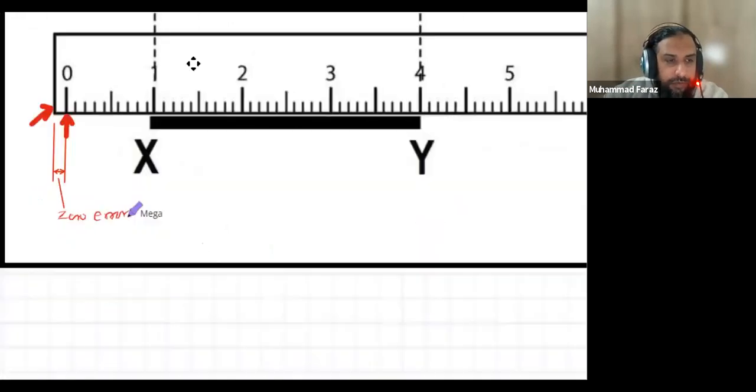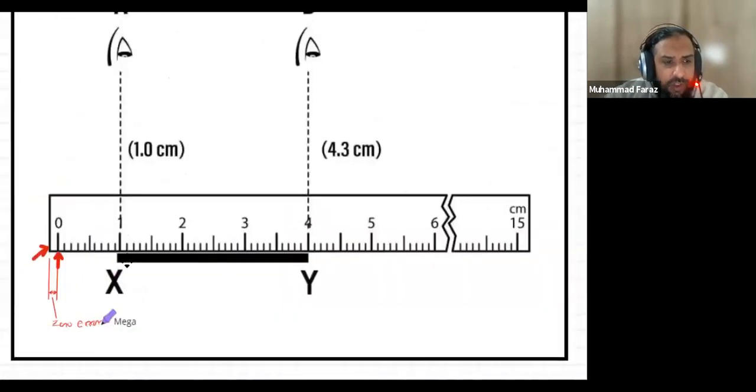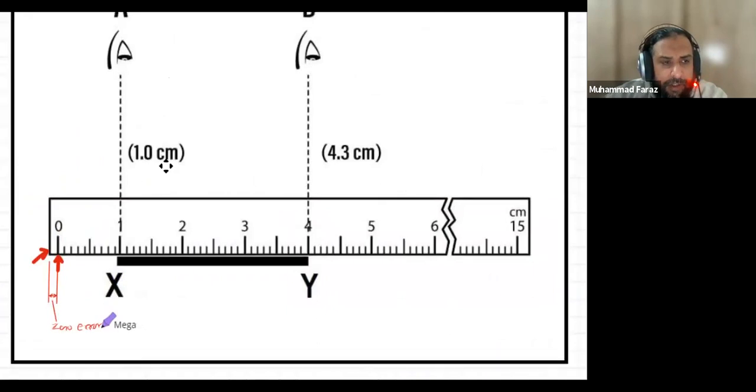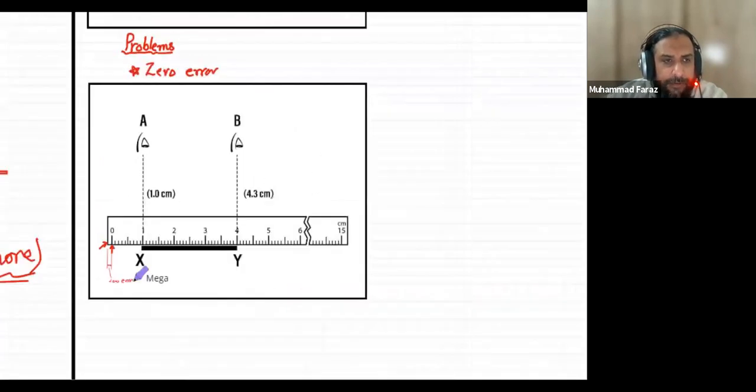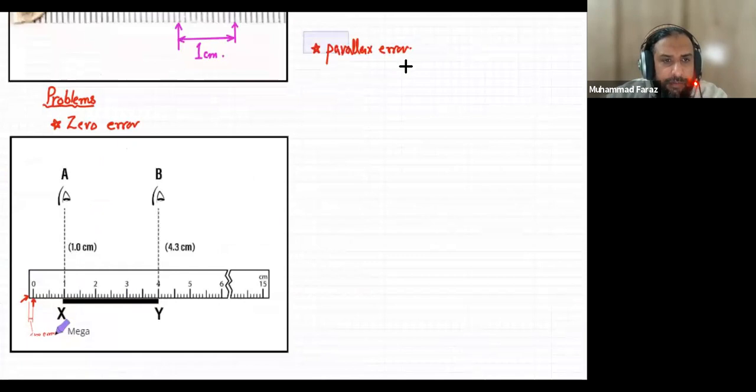Okay. And if my line of sight is not perpendicular to the scale, then that will be parallax error.